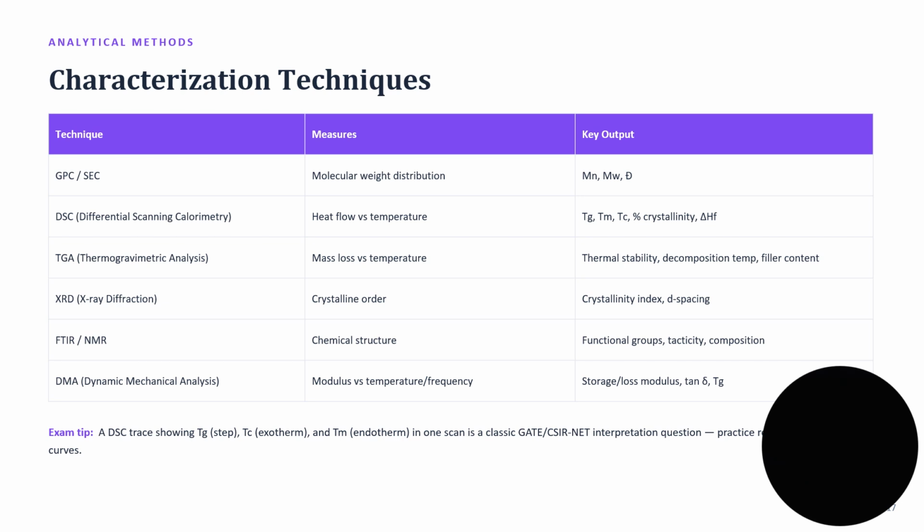TGA, thermogravimetric analysis, tracks mass loss with temperature, telling you about thermal stability, decomposition temperature, and even filler content in a composite.